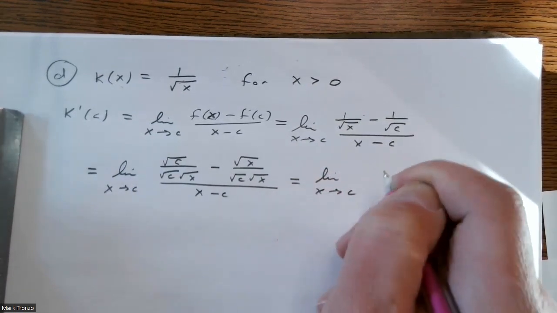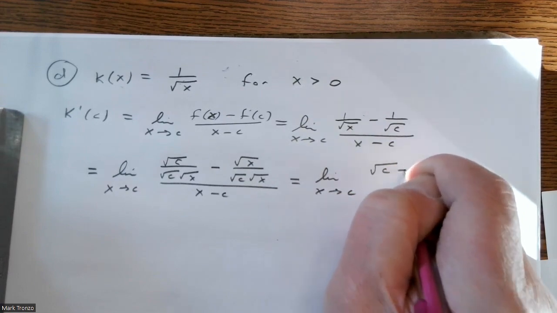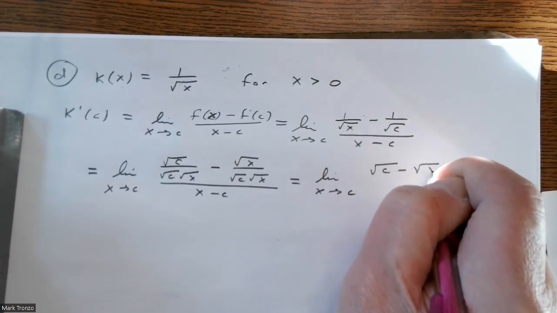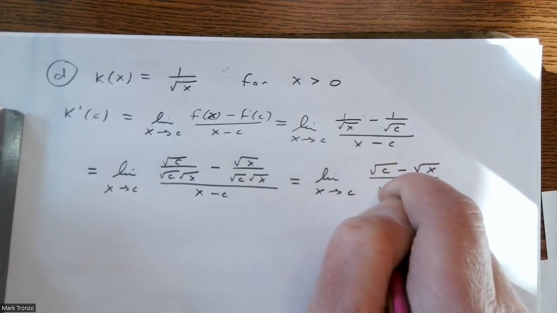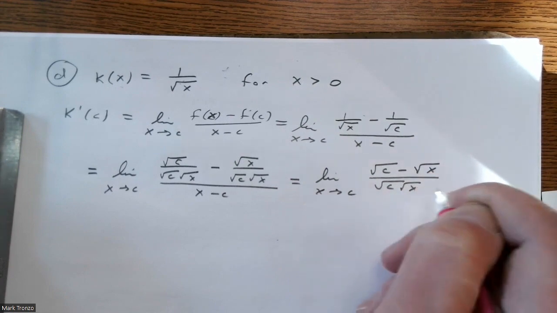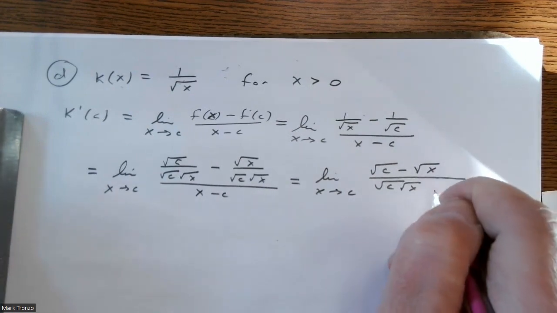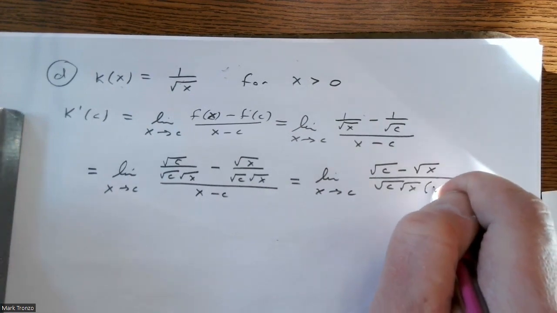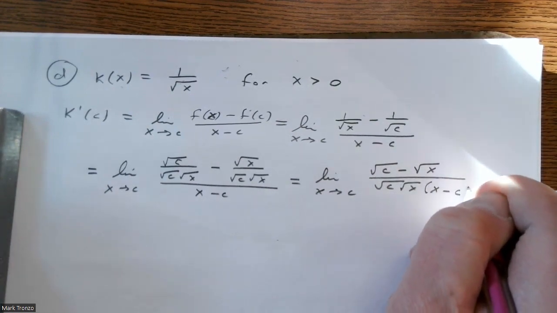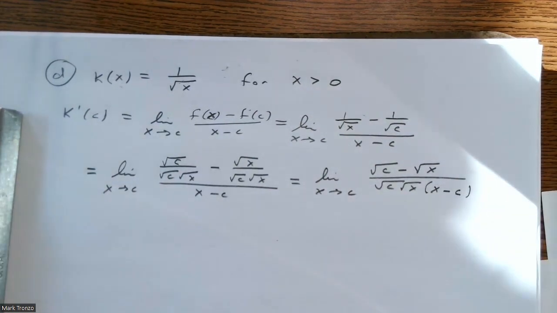And multiply this out: square root of c minus square root of x, square root of c, square root of x. Let me bring that down in the denominator, and that's going to be x minus c like this.